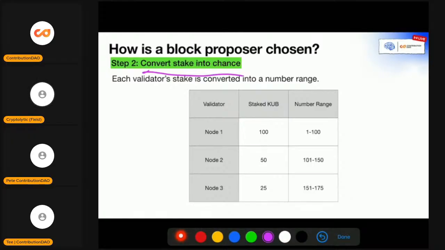Assume that node 1 has staked KUB of 100, node 2 has 50, and node 3 has 25. What we are going to do next is map the staked KUB to a number range. At first, we have 100 staked KUB, which maps to numbers 1 to 100. There are 100 numbers here.